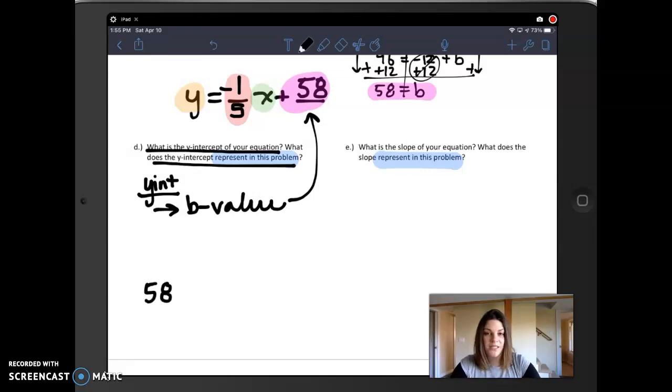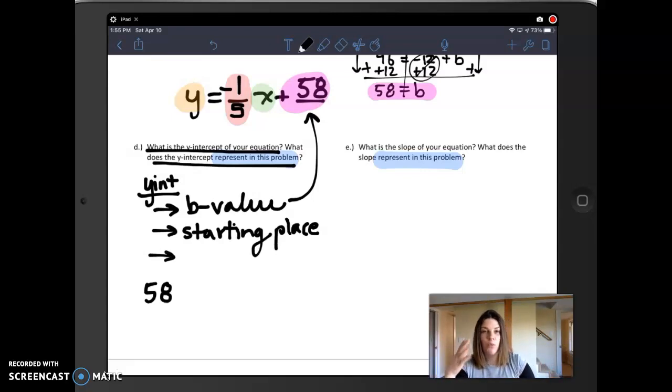Another way to think about the y-intercept that will help us explain what it represents in this problem is that it is the starting value, or the starting place of your scenario. So when x equals 0 or time starts, that's what 58 represents.